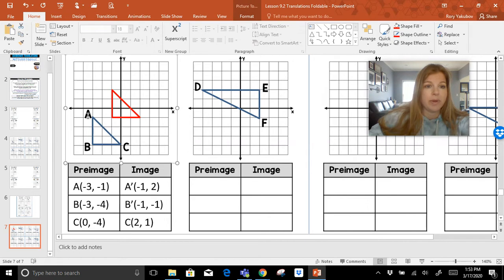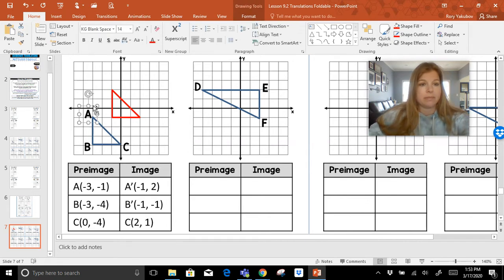And notice that point A prime, if I label this A prime, is -1, 2, which I got just simply by adding and making the coordinates that way. My B prime is at -1, -1.